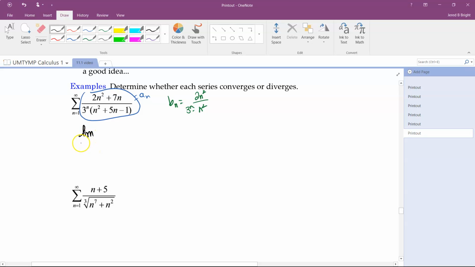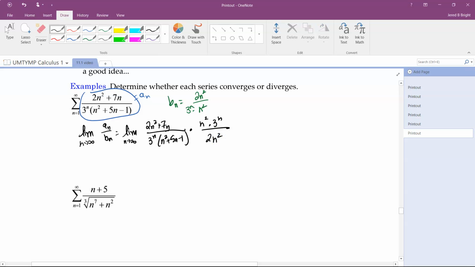If I look at the limit as n goes to infinity of AN over BN, now I'm just going to write AN, so this is 2n squared plus 7n over 3 to the n times n squared plus 5n minus 1. Then dividing by BN is the same as multiplying by the reciprocal, so that'd be n squared times 3 to the n over 2n squared.